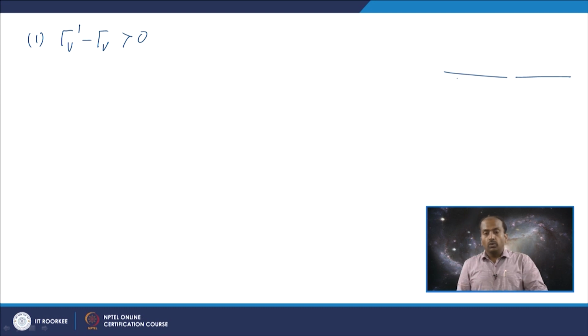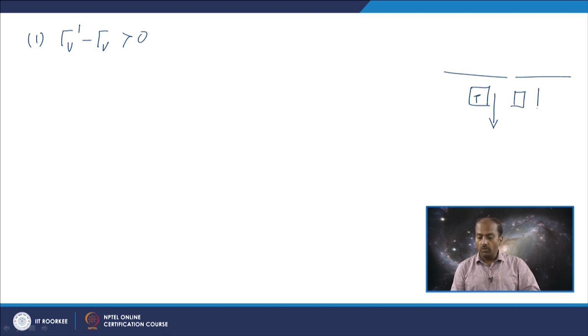That means the parcel is more likely to experience lower temperatures at a given height at the same pressure. Any air parcel which is at a lower temperature is bound to travel towards the earth. Any air parcel which is at a higher temperature is bound to move away.